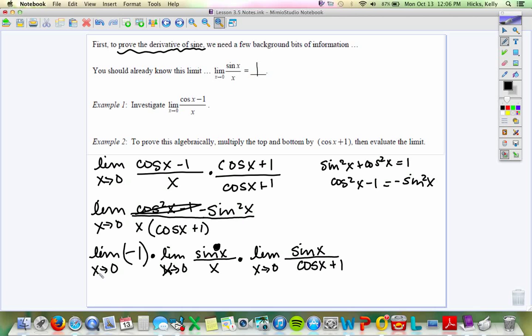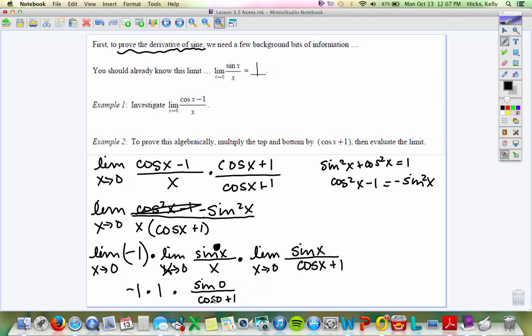Now let's actually get our answer. The limit as x approaches 0 of negative 1 is just negative 1. The limit as x approaches 0 of sine x over x, well, that was what we reminded ourselves up here. That is 1. Now the limit as x approaches 0 of sine x over cosine x plus 1. Let's just put the 0 in for x and see what we get. We get sine of 0 over the cosine of 0 plus 1.